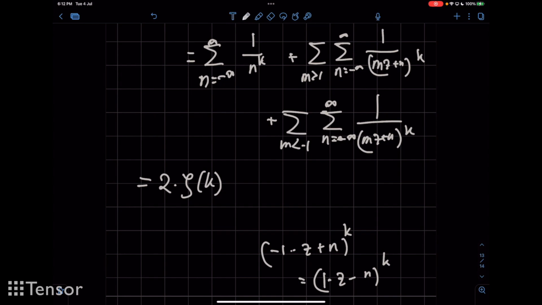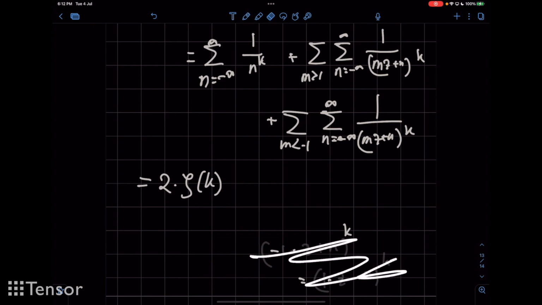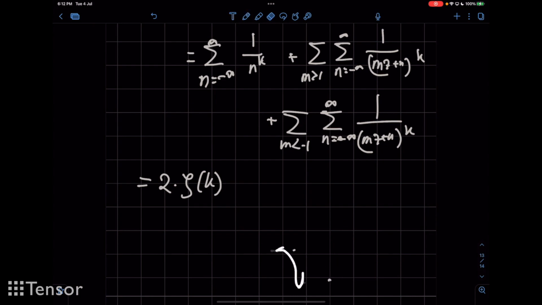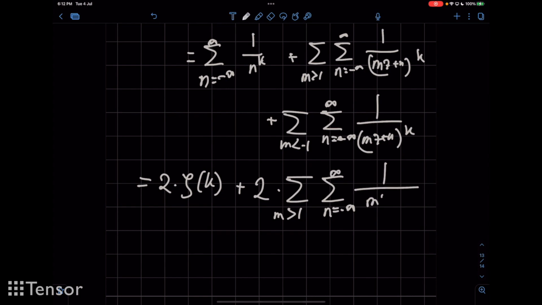So all the terms in the second sum are in the first sum as well, and vice versa. Therefore, these two sums are the same. So we can combine them to write plus 2 times the sum over m greater than or equal to 1, n being negative infinity to infinity, of 1 over (mz plus n) to the power k.